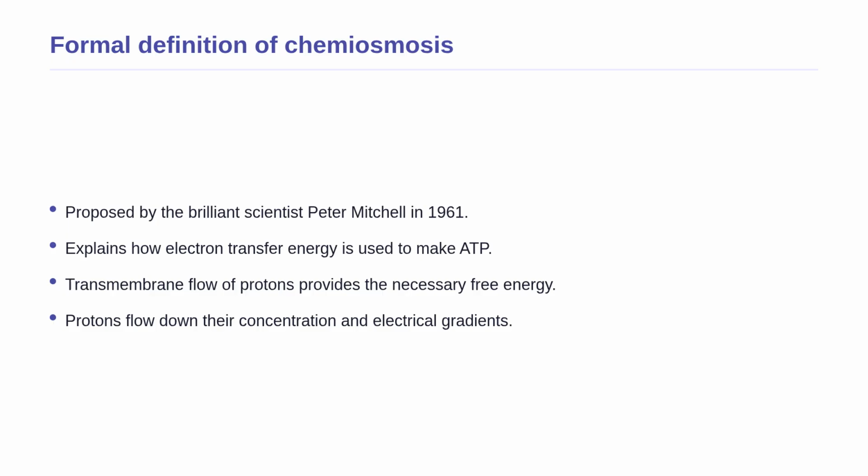Formally, the hypothesis states that the transmembrane flow of protons, moving down their concentration and electrical gradients, provides the free energy necessary for the synthesis of ATP. In simpler terms, the cell creates a gradient of protons, and letting those protons flow back across the membrane releases the energy needed to keep you alive.